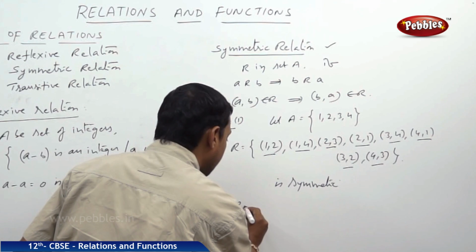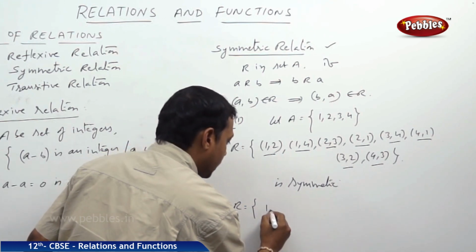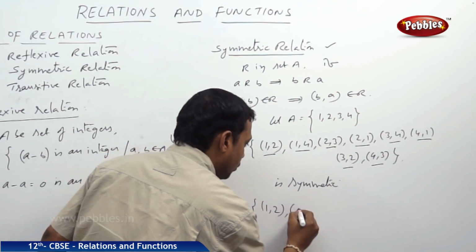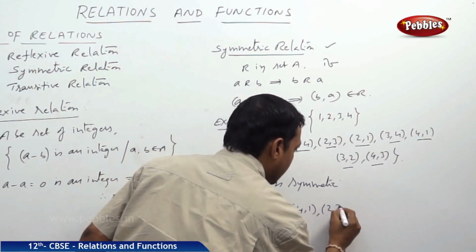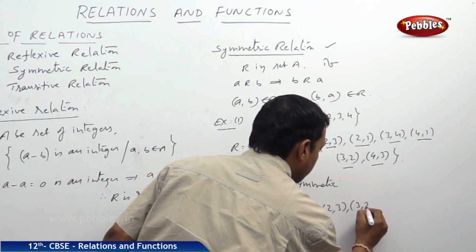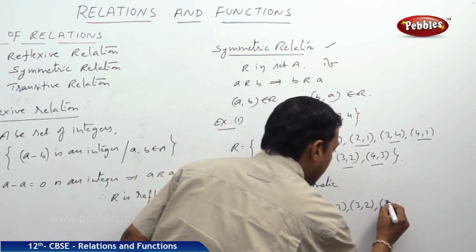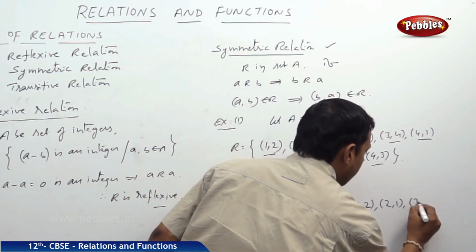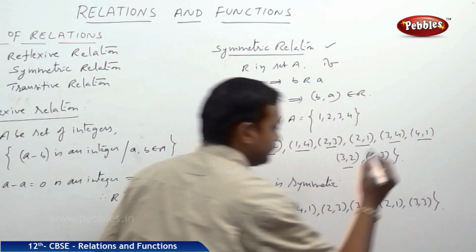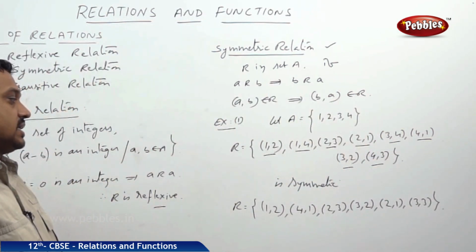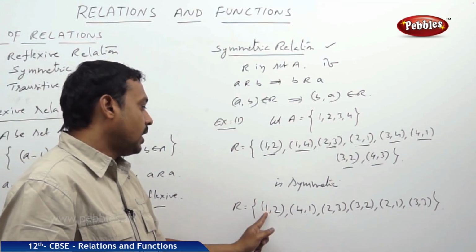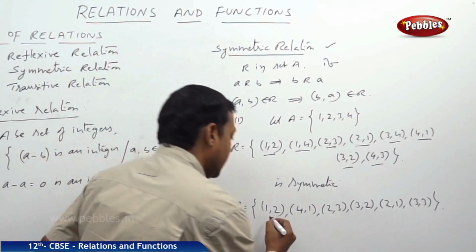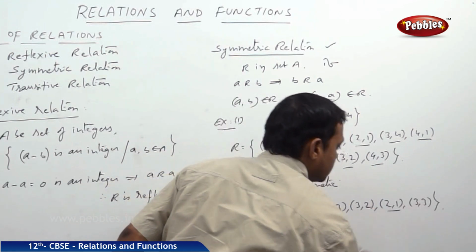Suppose I take one relation like this: 1 comma 2, 4 comma 1, 2 comma 3, 3 comma 2, 2 comma 1, 3 comma 3. Now let us check whether it is symmetric. 1 comma 2 belongs to the set, and 2 comma 1 is also in the same.